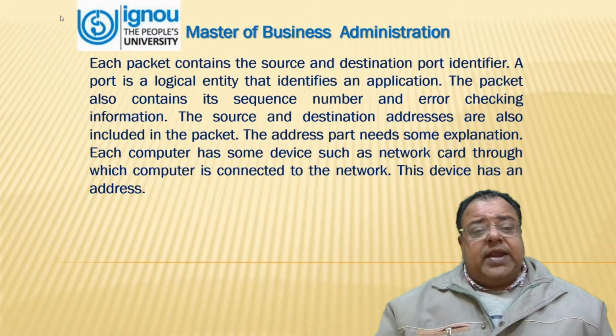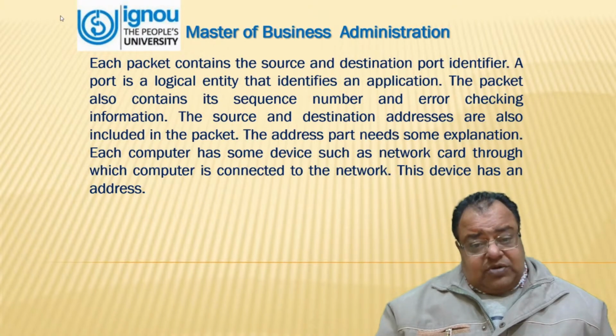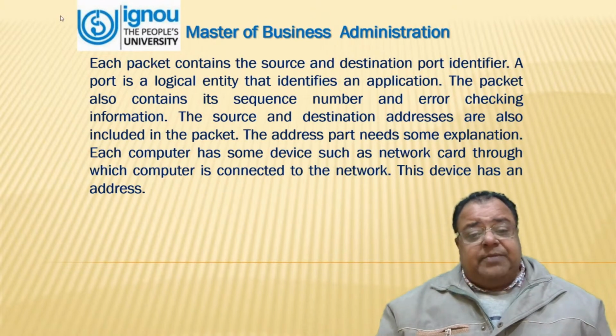Each packet contains the source and destination port identifier. A port is a logical entity that identifies an application. The packet also contains its sequence number and error checking information. The source and destination addresses are also included in the packet.